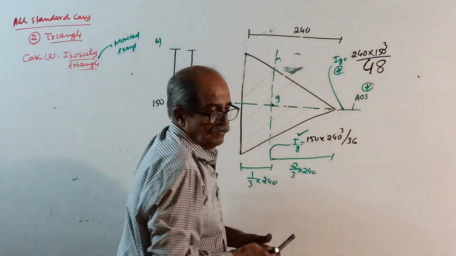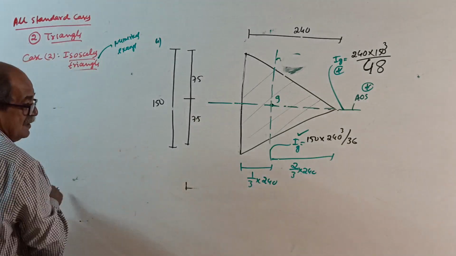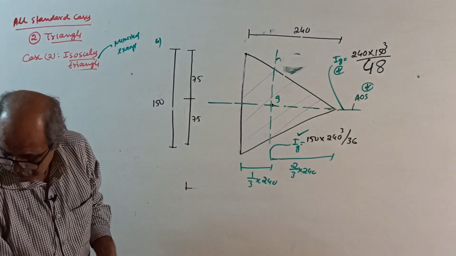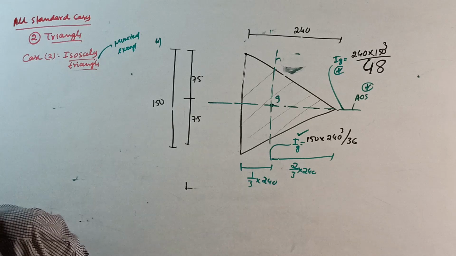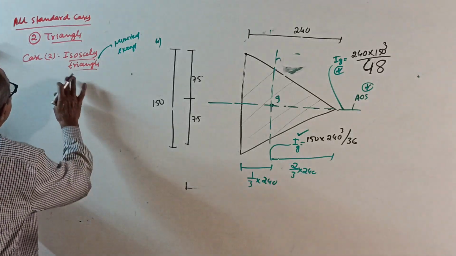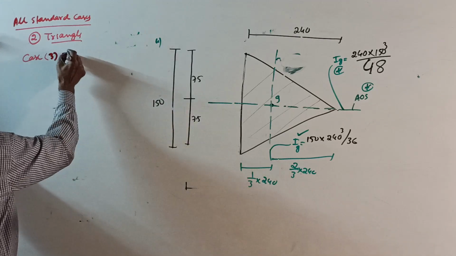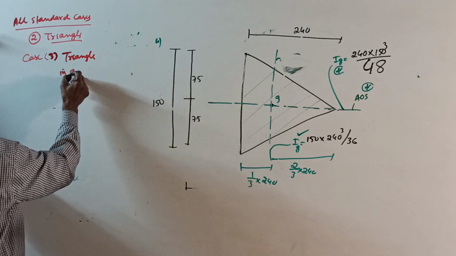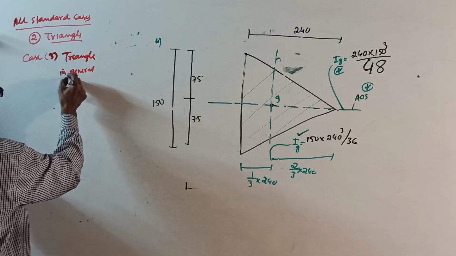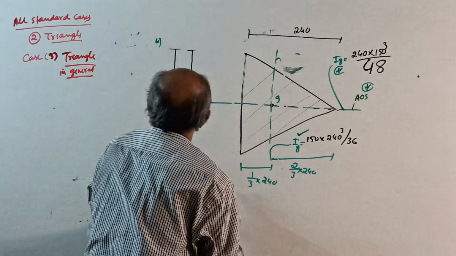Okay. 4 cases are over. Now we'll go for case 3. Not much time. Case 3. Triangle in general. Triangle in general means neither a right angle triangle nor an isosceles triangle. Random triangle.